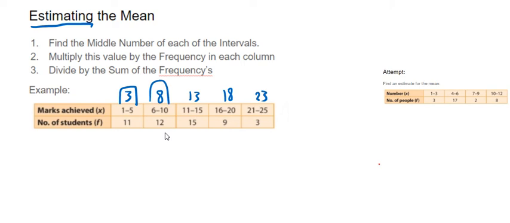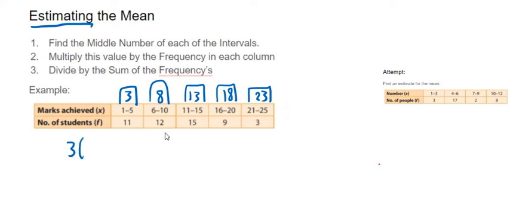So I'm going to use all of those numbers that I've just written in as the mid-interval value, and I'm going to multiply all of those by the frequency for each column. So this is pretty much the same as you should have done before with regular frequency tables.